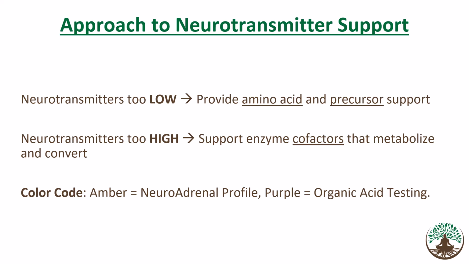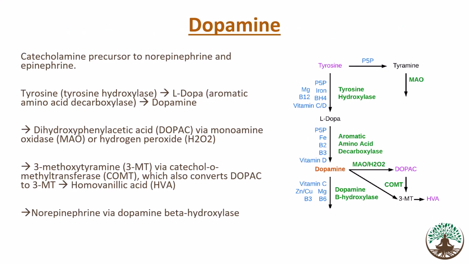Moving forward, a color code will be used to show what markers correspond with what test. Amber markers are on the neuroadrenal profile, and purple markers are on the organic acid test. Let's first look at dopamine.